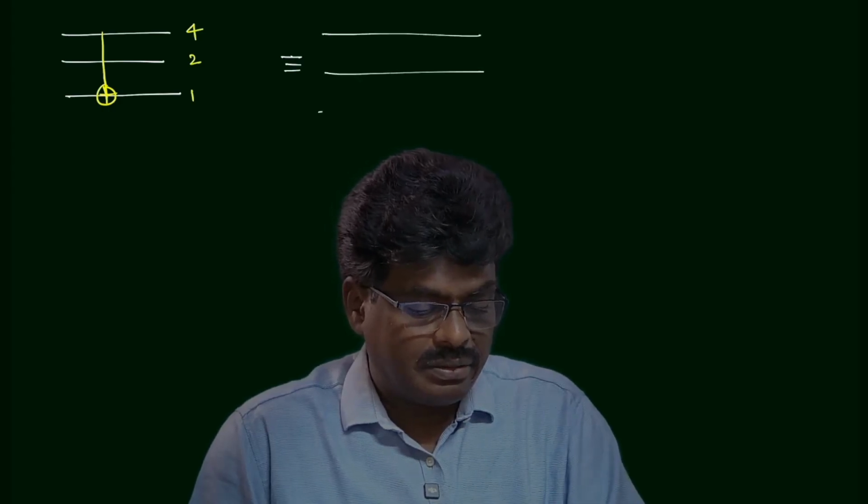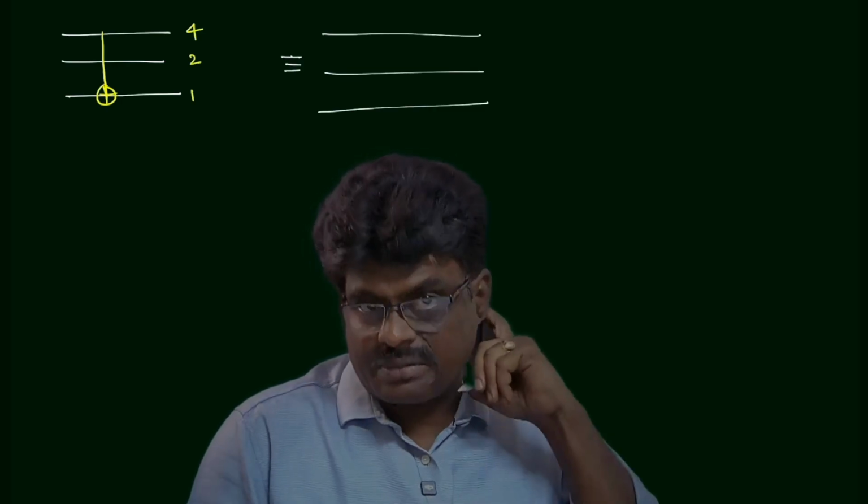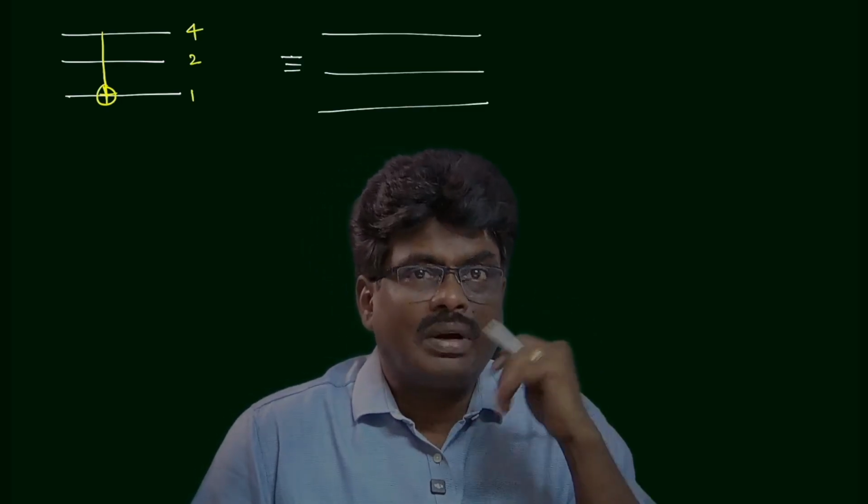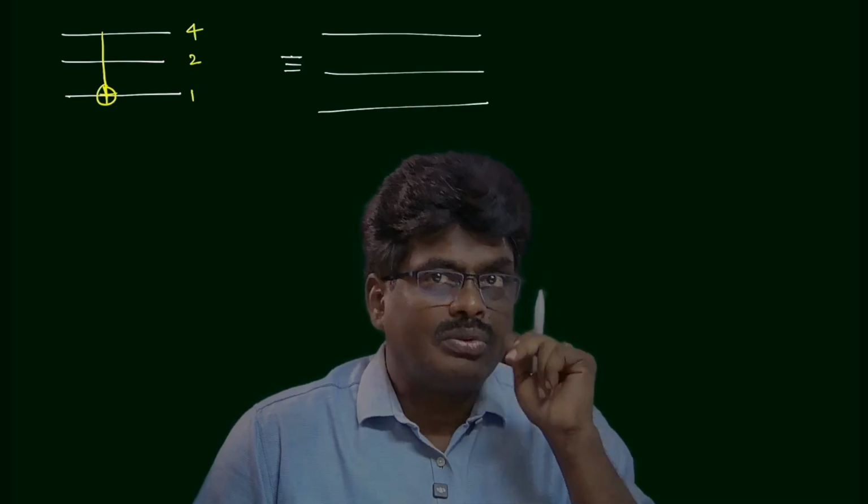So next here we have 3 qubits, but a CNOT gate, that is from 1 to 4, 4 to 1. So this is equivalent to what? So this is also quite interesting, and here we can draw an equivalent circuit like this. So take only one step. One step means 4 to 2.